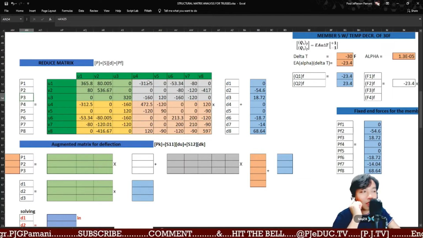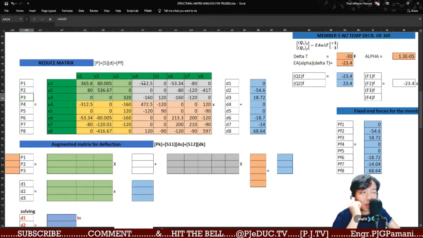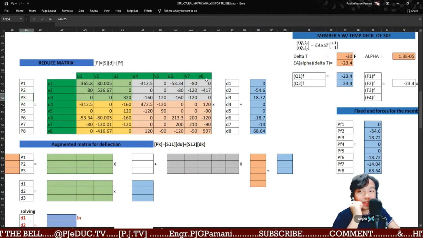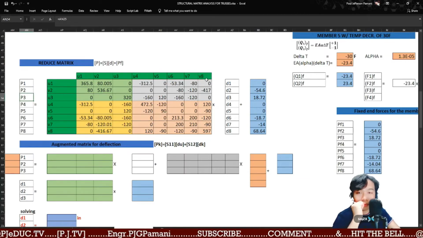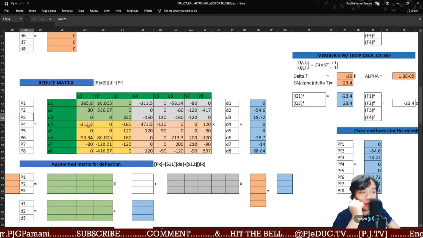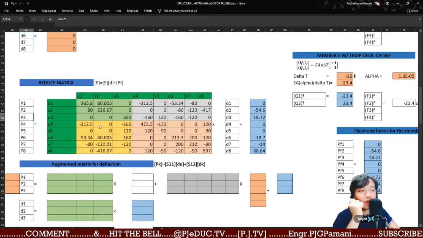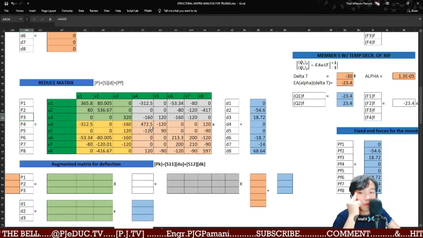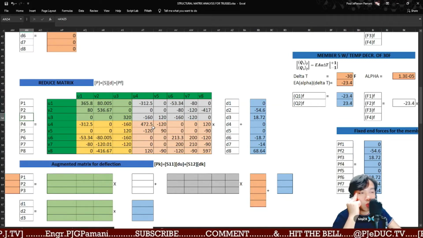Then, yung katapat niyang column or the rest of the columns from U4 to V8 will become your S12. Tama. Then, downward, the other 5 rows will be your S21. And the succeeding columns from that will be your S22. Okay?